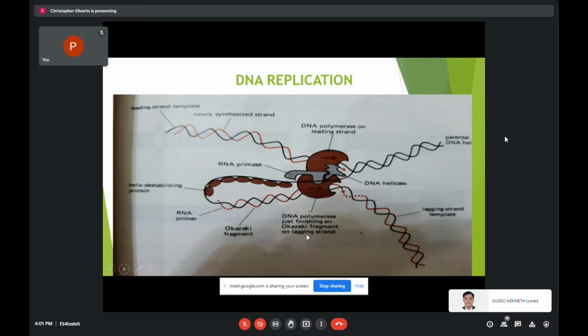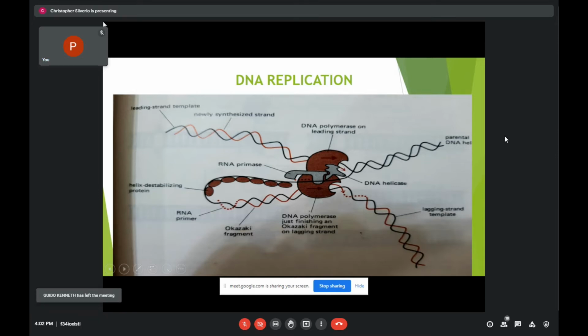And this is the reason why the lagging strand is discontinuously synthesized, unlike the leading strand, which is continuously synthesized by the DNA polymerase. So in this case, you will see the difference in the replication of the leading strand and the lagging strand.